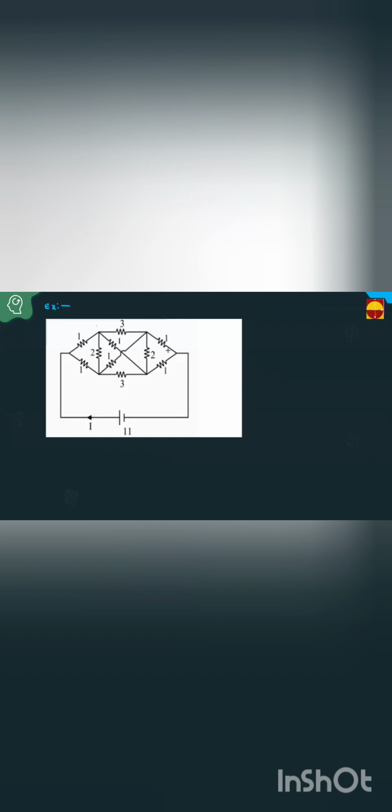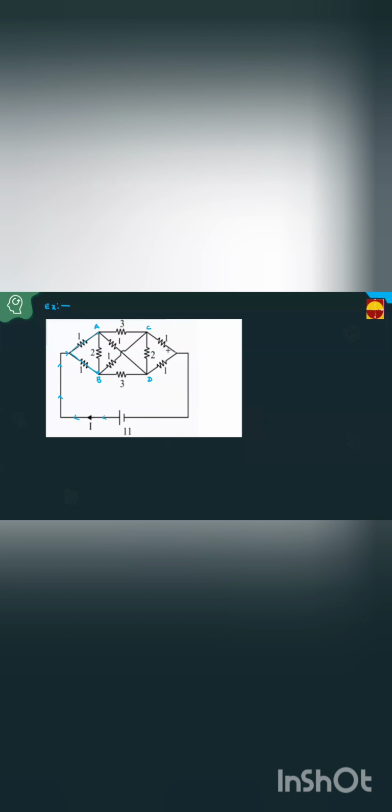Say, for example, let this be A, this be B, this be C, this be D. First, I'm checking A and B, seeing from the positive terminal side. For this path, how much resistance is offered to reach A? 1 ohm. For this path to reach B, how much resistance is offered? 1 ohm. It must satisfy the negative terminal side also.